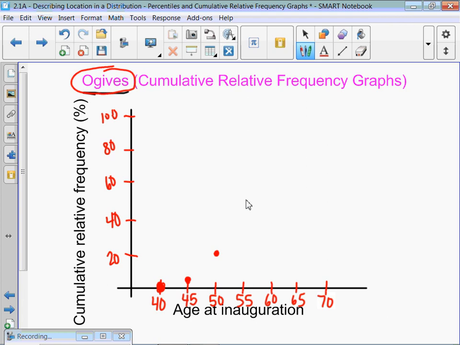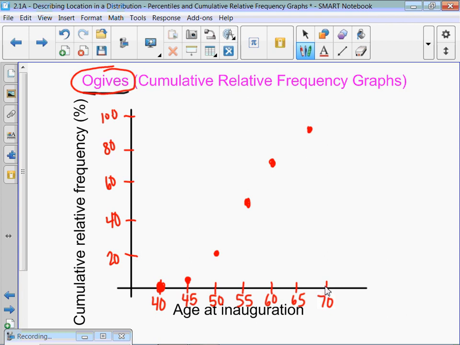So I'm going to come up here to about 50. And the ones under 60 are 77.3. I'm going to go with about here. Ooh, I kind of missed. And 65, we've got 93.2% who are under 65.